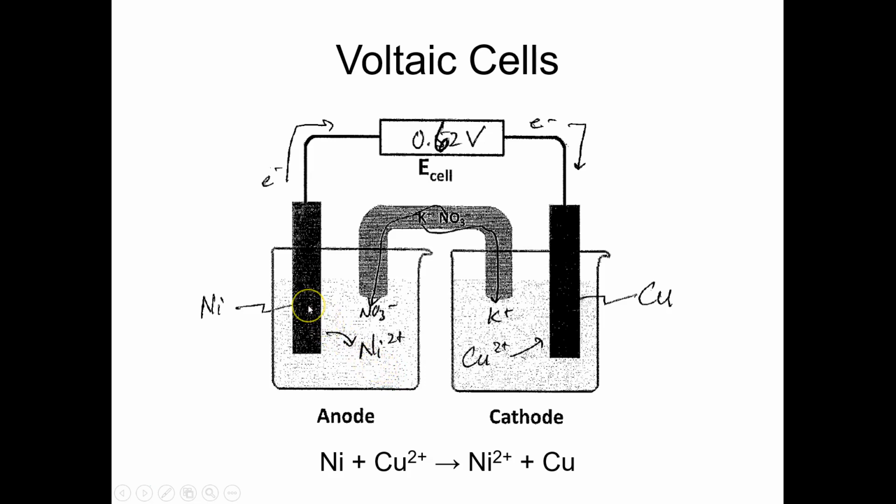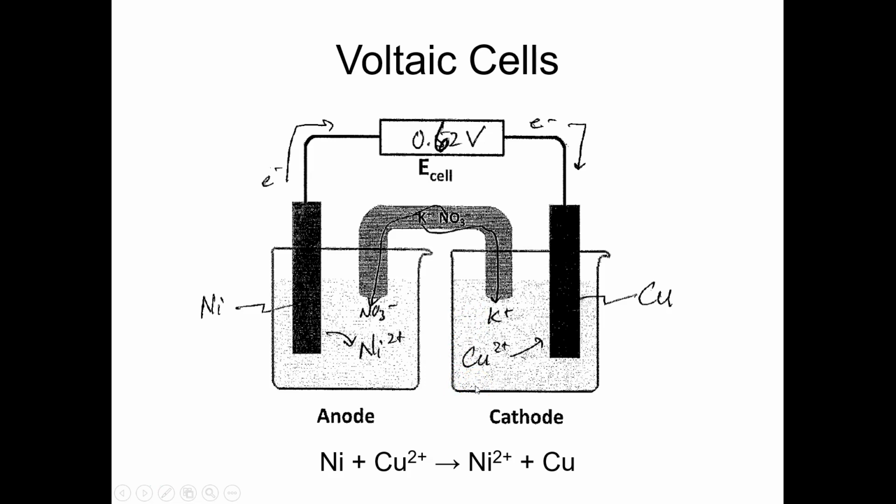The nickel metal is going to be the electrode, and the nickel ions are going to be in solution. The copper metal and the copper ions are going to be in the cathode compartment because copper is being reduced. Reduction occurs at the cathode. So the copper metal is going to be the electrode in the cathode compartment, and the copper ions are being reduced in the cathode compartment.